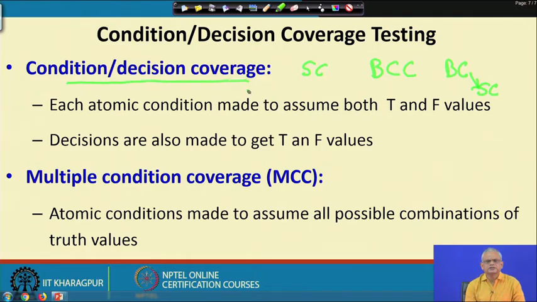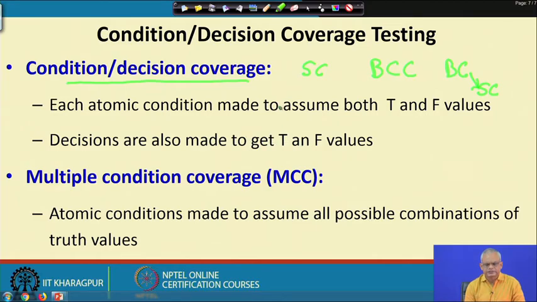The condition decision coverage strategy, here we achieve basic condition coverage and also the decision coverage, and here each of the atomic conditions is made to assume true and false values. That is, the basic condition coverage is achieved, and also the decision as a whole is made to achieve true and false values.